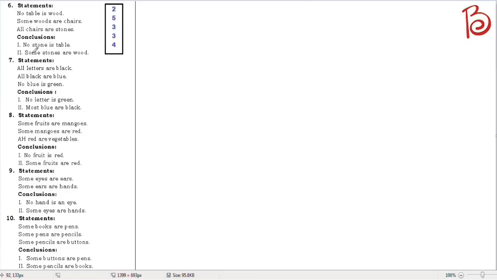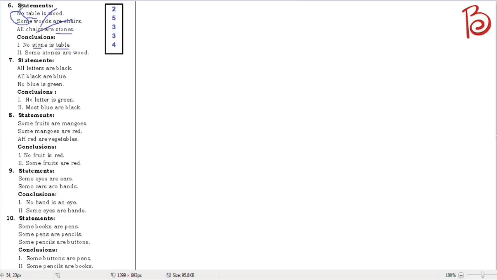Okay, what is the first conclusion? First conclusion is stone and table. Okay, stone is here and table is here. Okay, so what we will do is we'll cancel out the common terms, that is wood and chairs. We will cancel out these things.